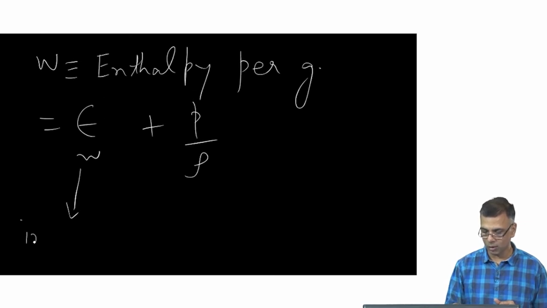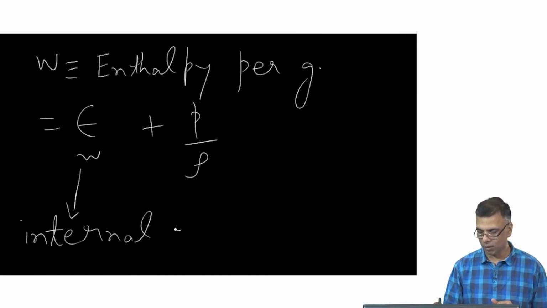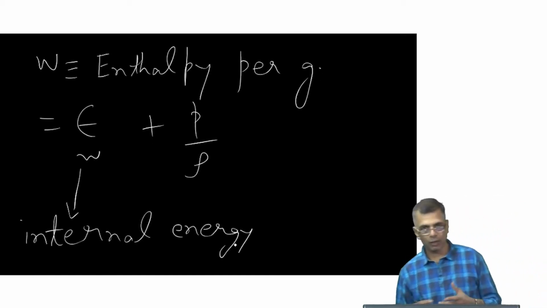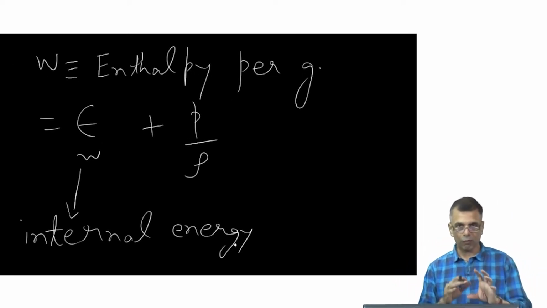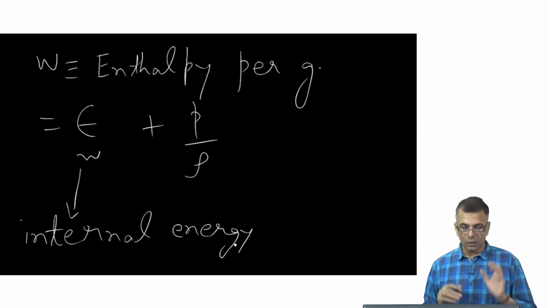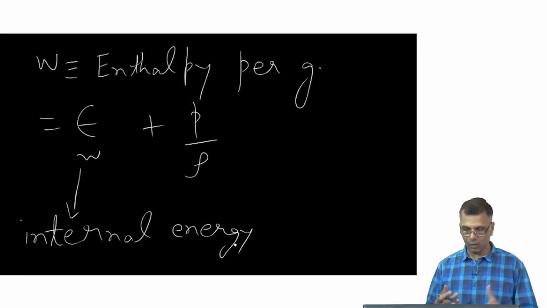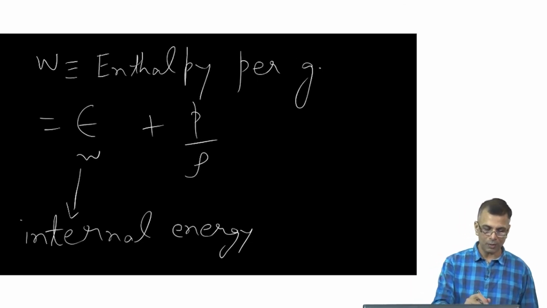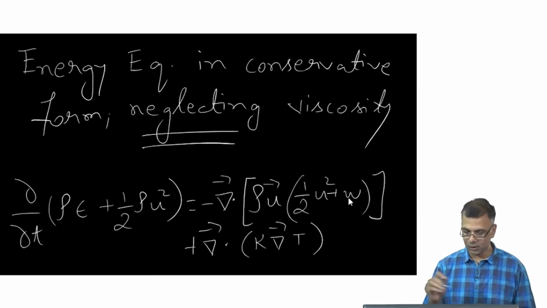This would be the internal energy of the gas. Depending upon how many degrees of freedom it has, the formula would differ slightly. So, this is the enthalpy per gram. You can think of this entire thing as something internal to the gas, right. So, that would be this. Okay.